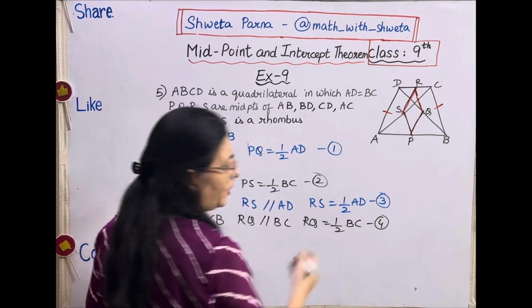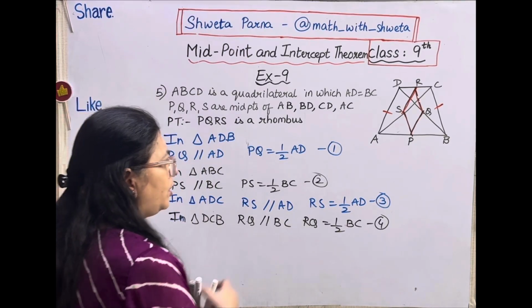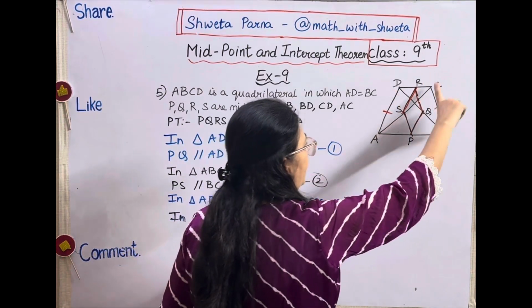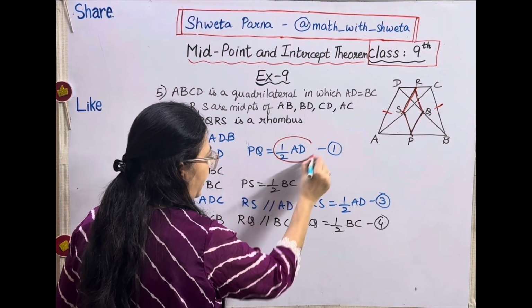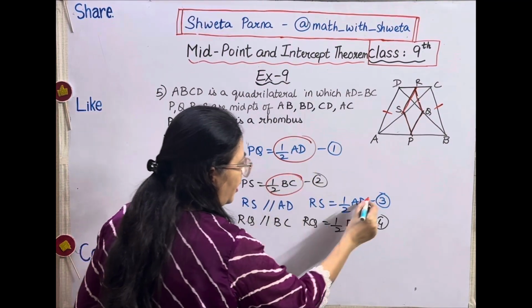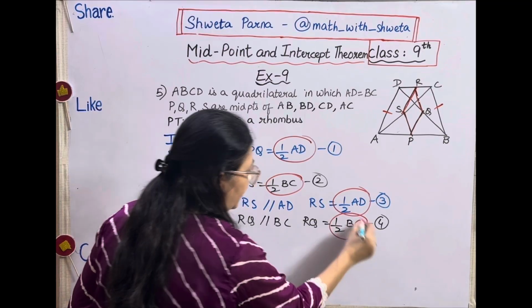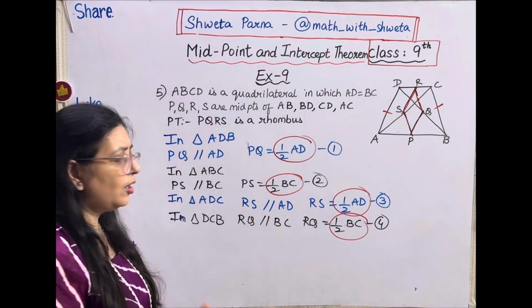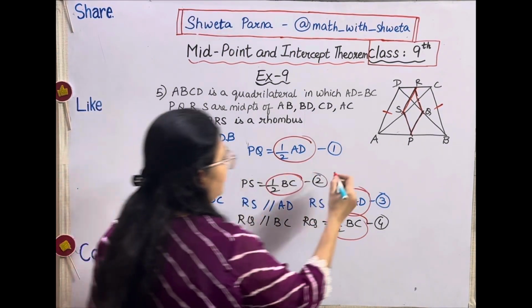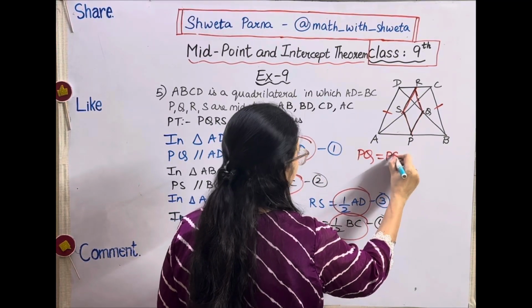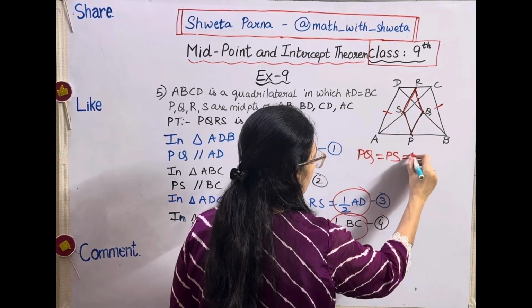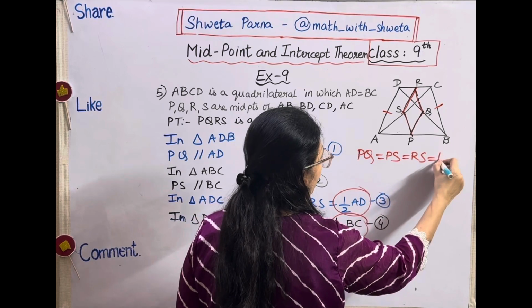This is the fourth part. Now in the question they have already given that AD is equal to BC. If AD is equal to BC, that means AD, BC, AD, BC, they are all equal. So what does it mean? It means that PQ will be equal to PS, will be equal to RS, will be equal to RQ.